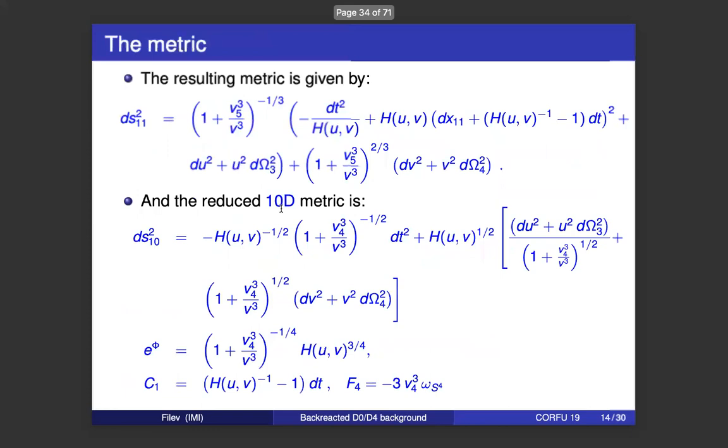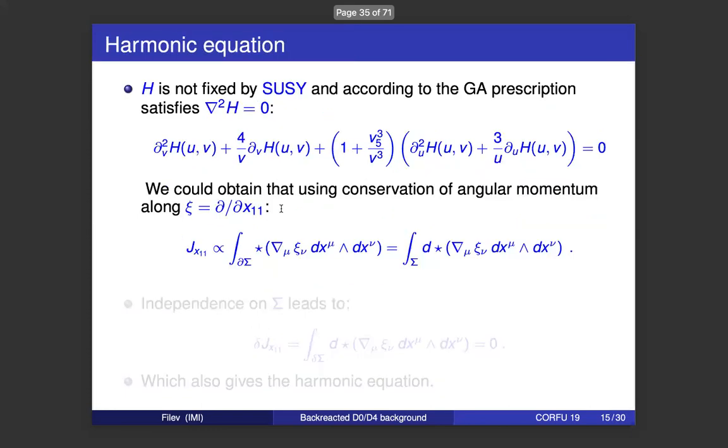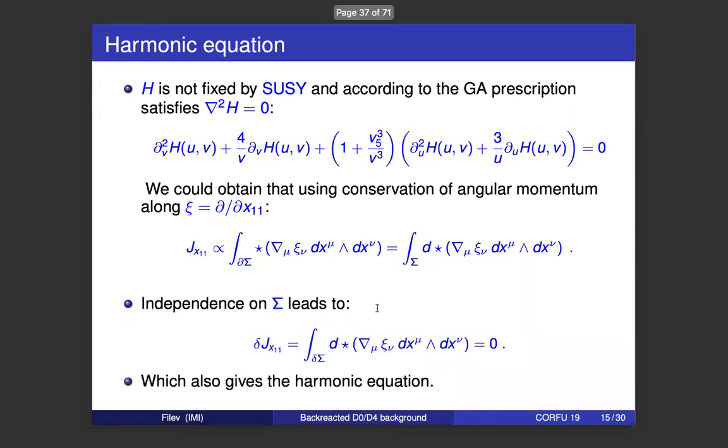It will fix your ansatz, and the harmonic warping function you can fix either by using the Einstein equations, or if you don't like this, you could just construct the angular momentum associated to rotations along x11, and you could write down that the conservation of this angular momentum is in fact equivalent to that equation. You could derive it that way. That's how we did it in 2019, or maybe earlier. I don't remember anymore. In 11 dimensions, and it will also give you that same equation.